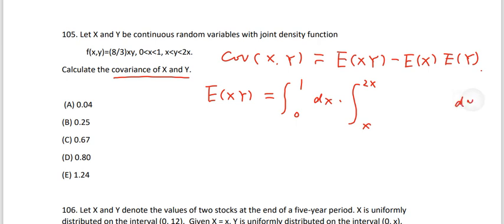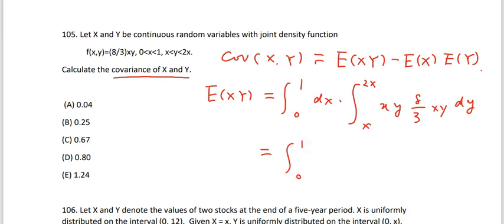Okay, so the integrand is x times y times f(x, y), and f(x, y) is 8 over 3. So E[xy] is just this integration. This integration, I think, is easier.